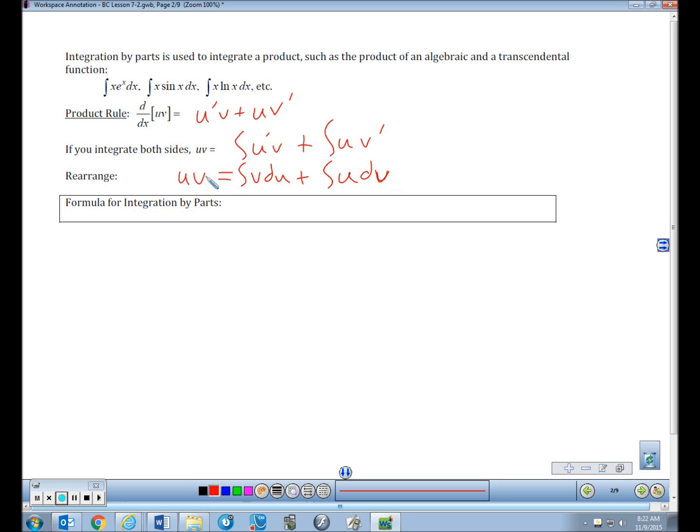So if we rearrange, we're going to get the integral of u dv equal to u times v minus the integral of v du. And that right there is integration by parts. The integral of u dv is equal to u times v minus the integral of v du.